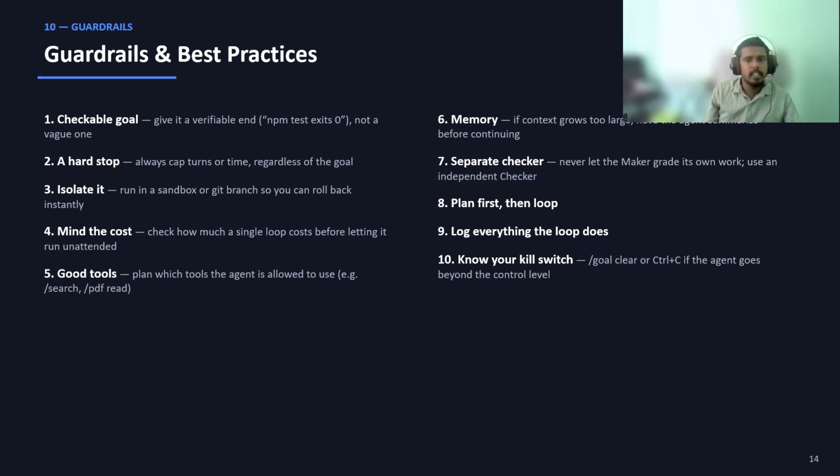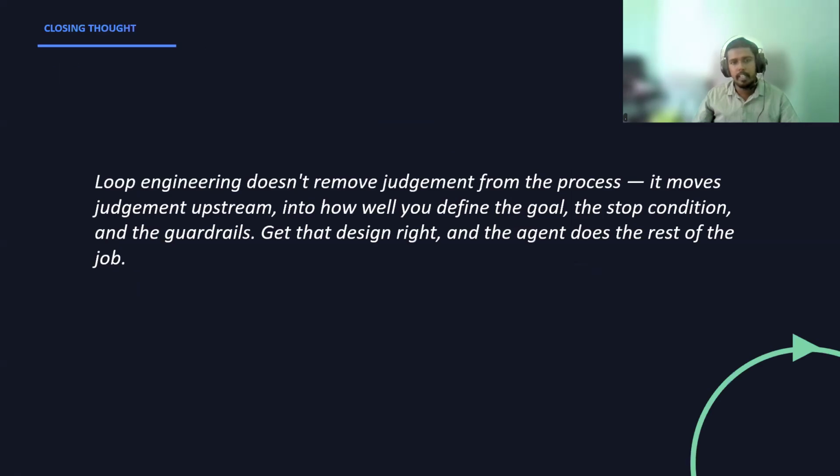And always know your kill switch, which means you should always know how the agent can be stopped if it goes beyond the defined goal, or if it is not likely to stop with the specified criteria. So these are some of the best practices and guardrails to be used in loop engineering.